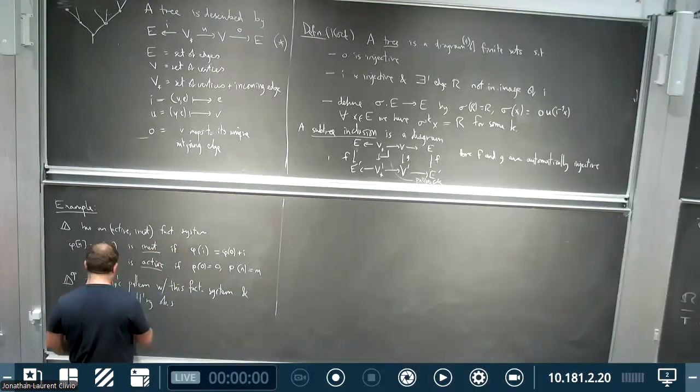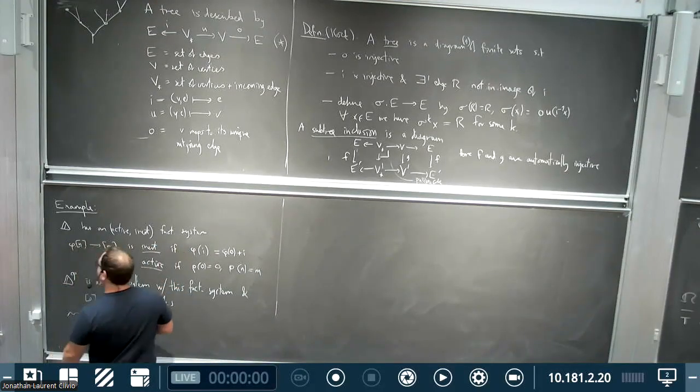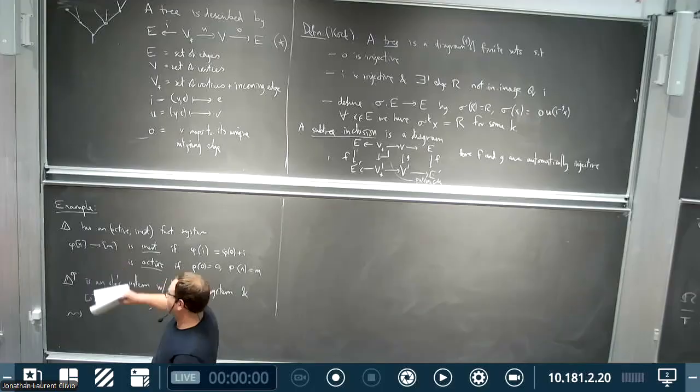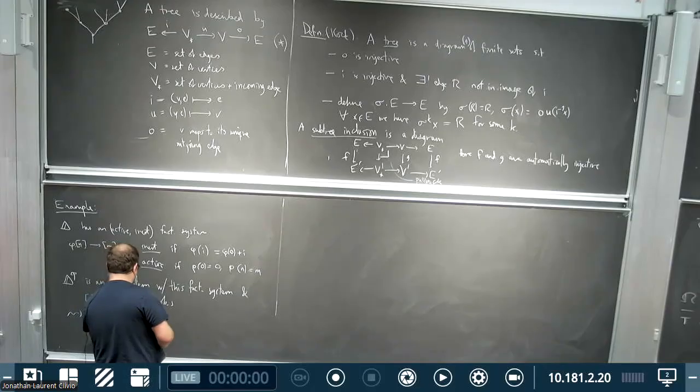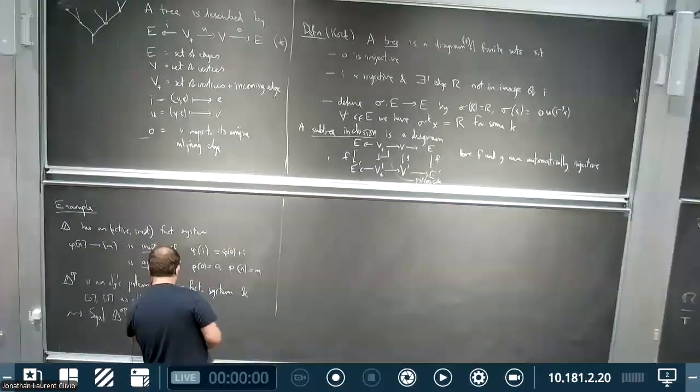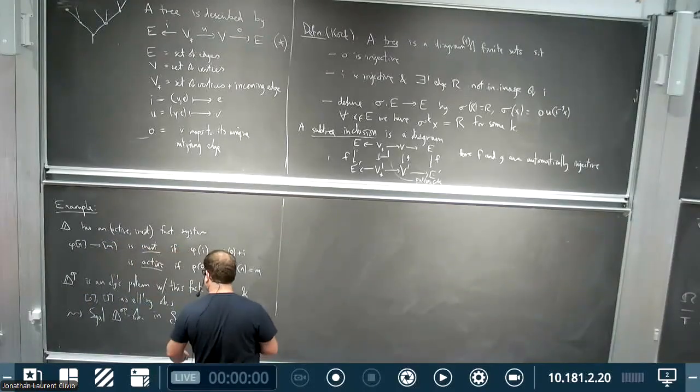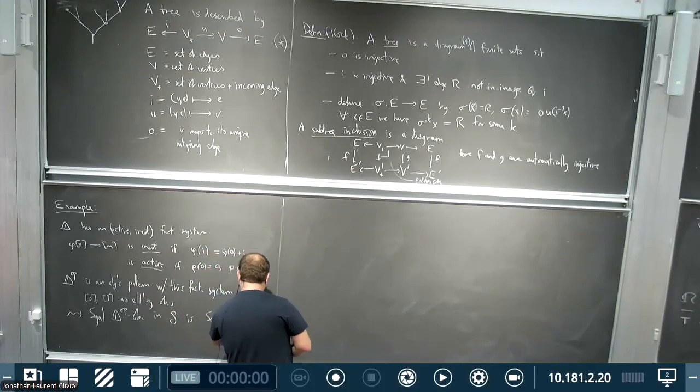Then you can check that this definition of a Segal Delta object is the same thing as the Segal space we had at the start of the lecture.